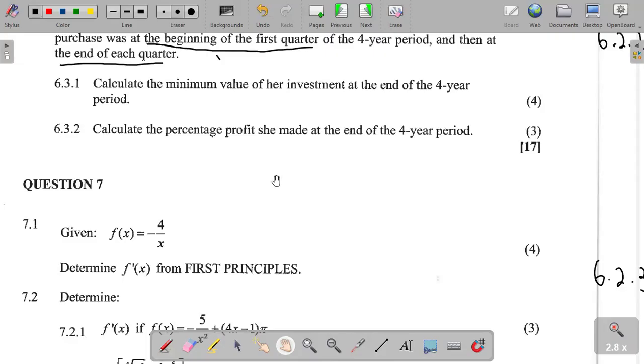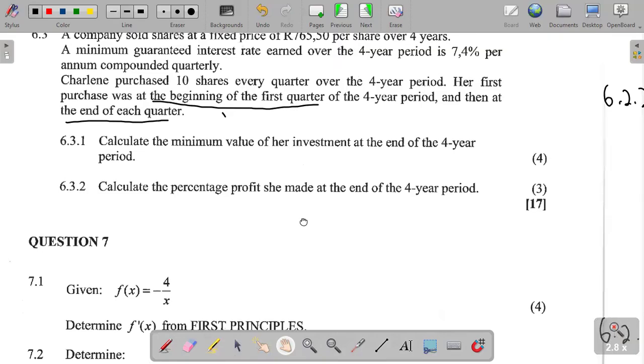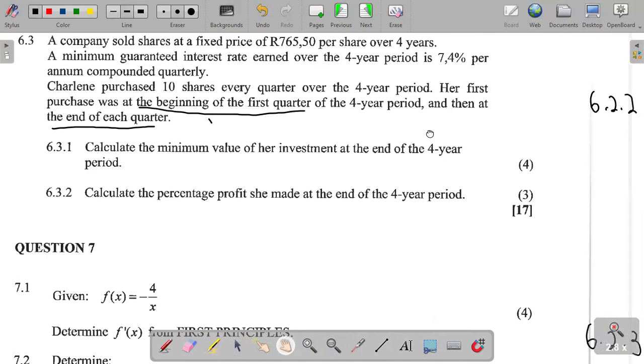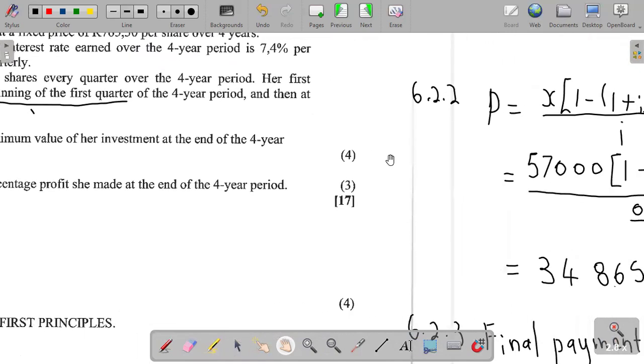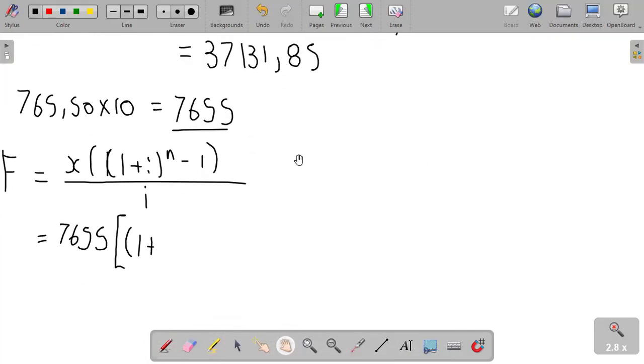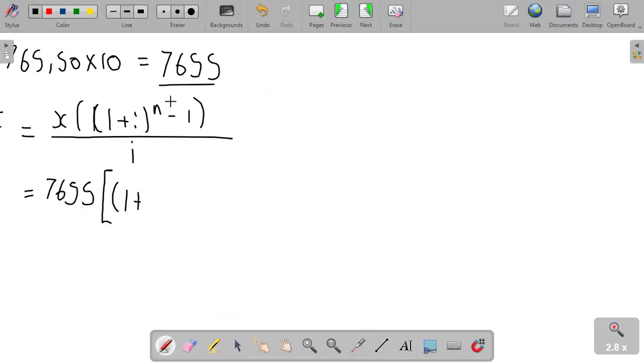So they gave us an interest of how much? Of 7.4%. Okay, 7.4, yeah. Then we're going to divide it by 100. So we divide it by 100, and it's going to be 0.074, and then we divide it by 4.